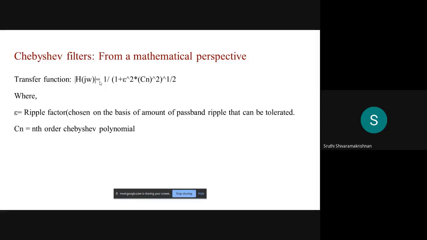Same is the transfer function, which is in the Laplacian domain, basically the frequency domain. In this formula, it is 1 upon root of 1 plus epsilon square Cn square. That is the transfer function. Here epsilon is your ripple factor, and Cn is the nth order Chebyshev polynomial. We'll see how we find this.